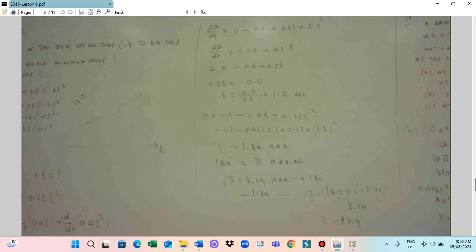Therefore, d theta by dt is equal to minus 0.6 plus 0.5 t.